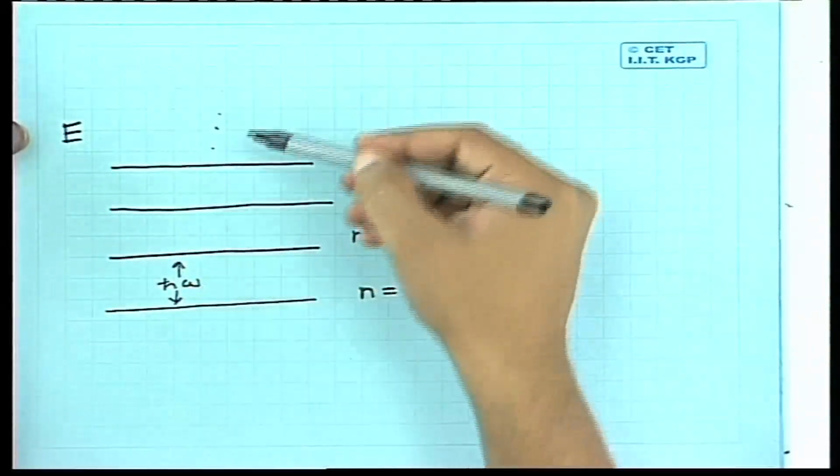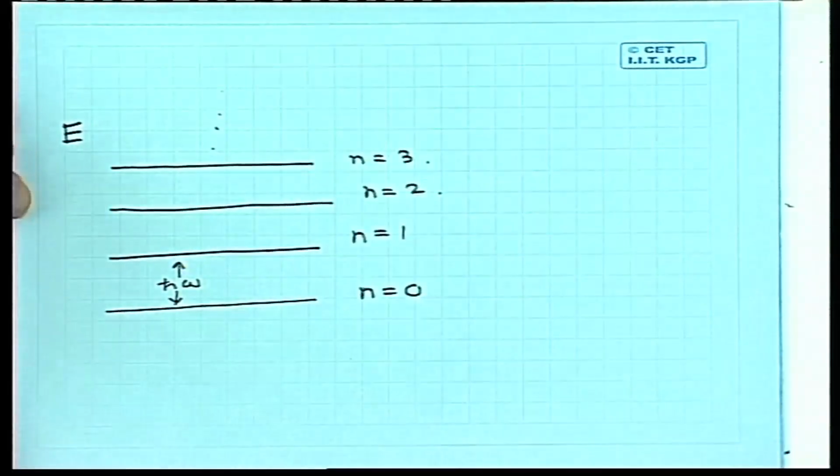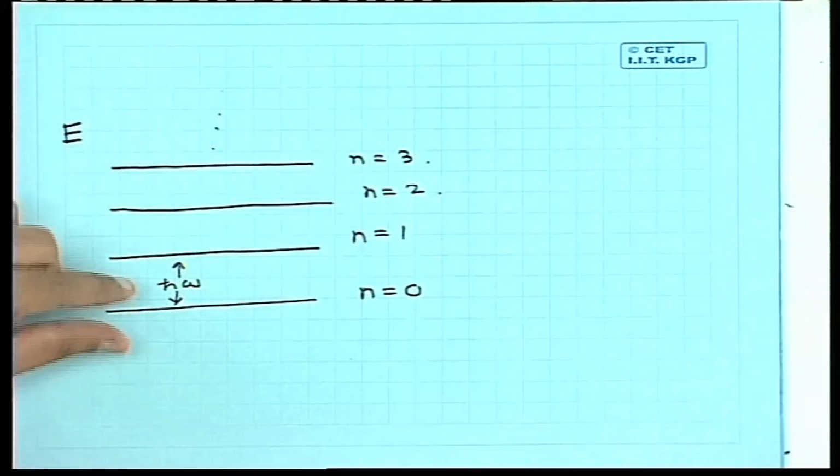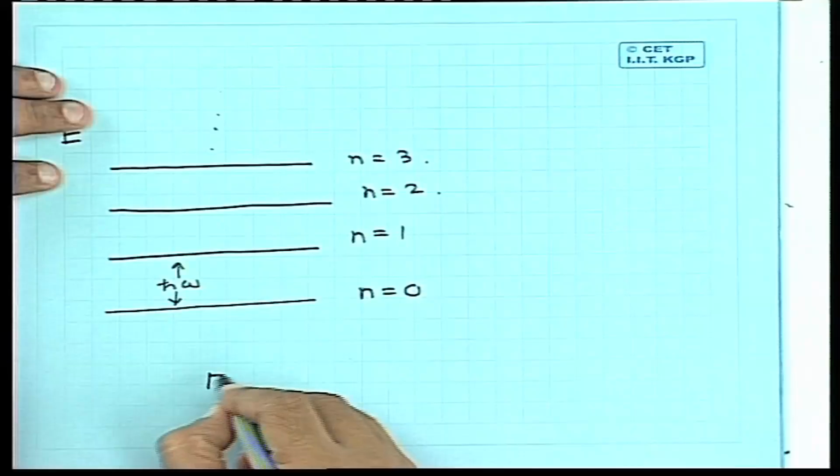This kind of spectrum is seen quite often. For example, I told you the oscillations of an atom or molecule in a solid can be described by a simple harmonic oscillator, and the energy spectrum there has this kind of distribution, equally spaced with some fixed spacing. So this is the energy spectrum.